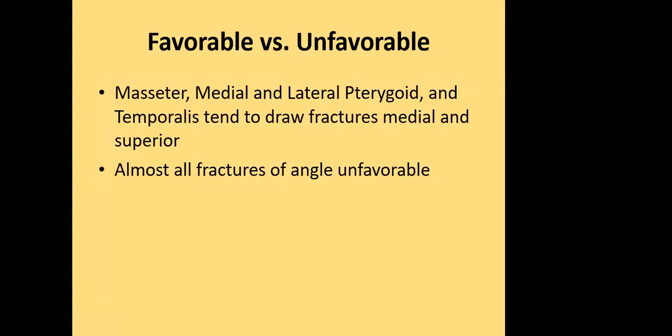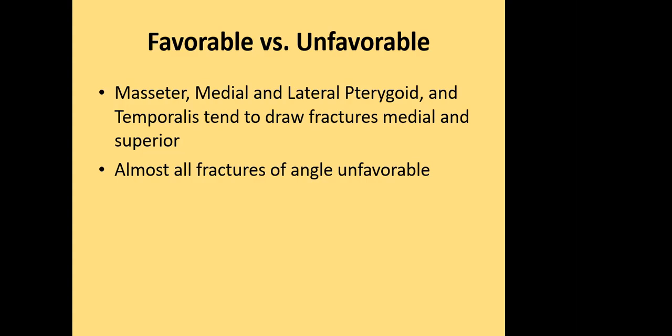We also have fractures of the mandible. A key point about them is that they can either be favorable or unfavorable. Now, favorable means they're easy to reduce and fix.